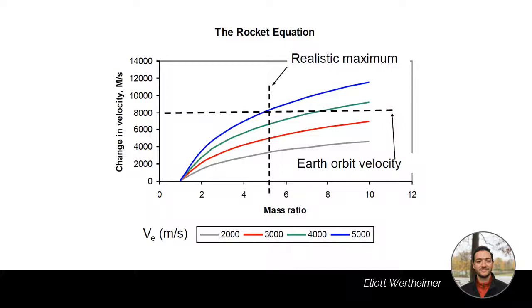This basically means that in order to reach low Earth orbit with currently available technologies, a rocket's final mass has to be 5 to 8 times smaller than its initial mass. This means that a lot of fuel must be burned to reach low Earth orbit, and it also means that a comparatively low weight of payload can be carried to space.